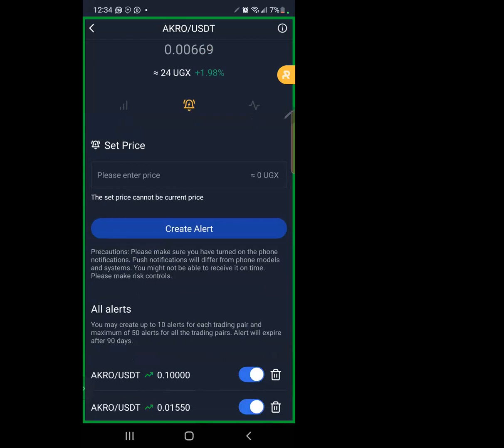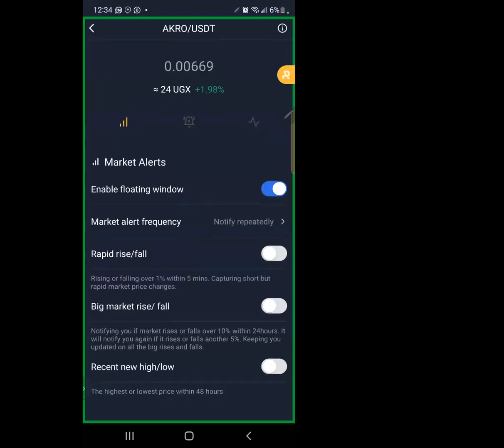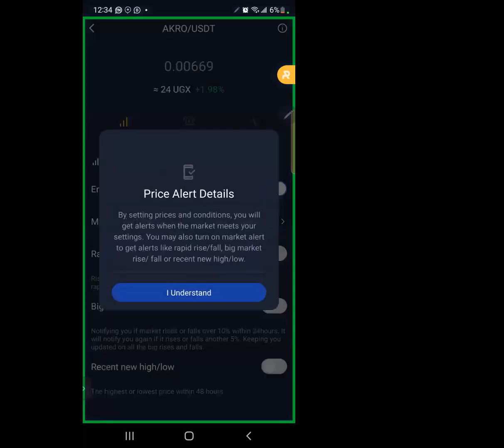So this is something I wanted us to learn, because very many people are having trades, but they are not following them up. They are not knowing how they are moving. And actually, this would be really very important as we are trading. Okay, so unless someone has a question, we are going to end our training here.